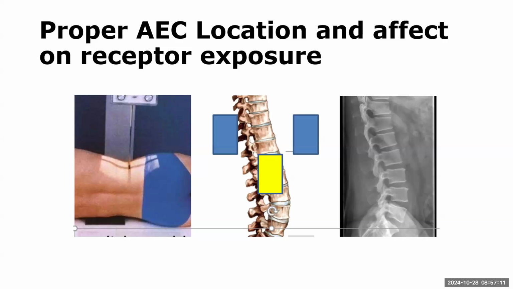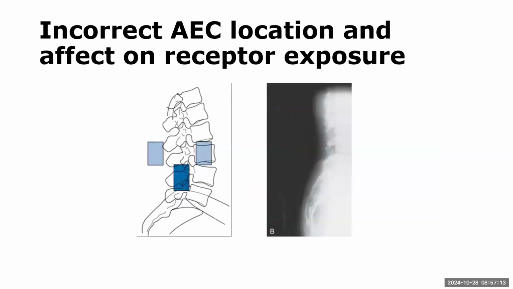So if, for example, you have your lateral spine centered like this, do you see the center photocell, the darker blue, that's the one we have chosen, right? So ideally, it should have been centered where? Right over the spine. Is it? No, it's centered over the posterior part of the spine.